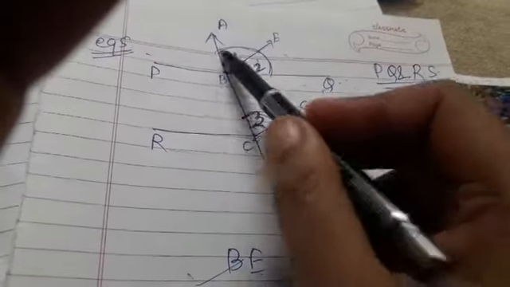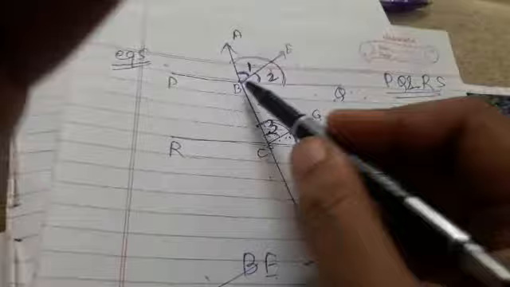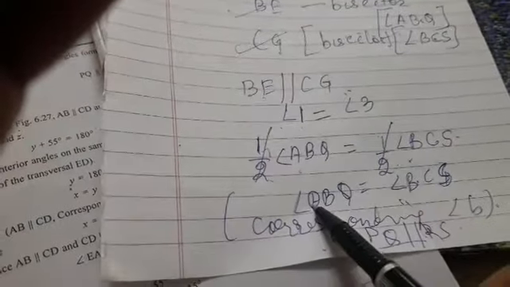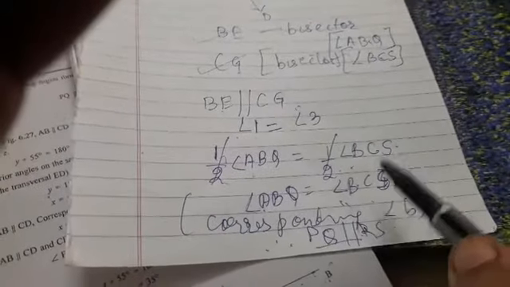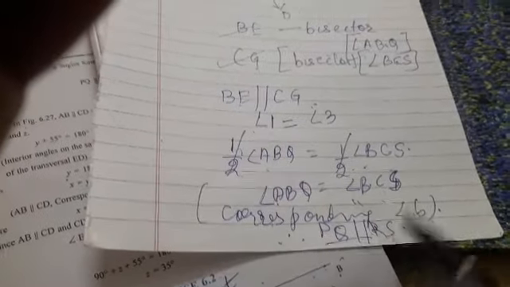Now 1 is half of angle ABQ, 3 is half of angle BCS, and when halves are written, I cancel half and half. I get ABQ equal to angle BCS, and because they are corresponding angles and they are equal, I can straight away write that PQ is parallel to RS, and this completes your example number 5.